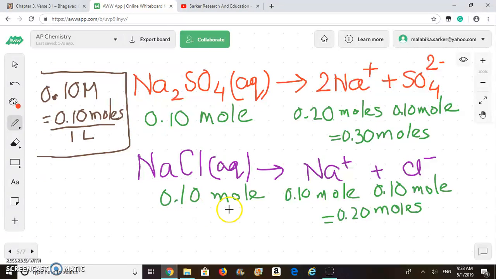So from 0.10 mole, we will have 0.10 mole of sodium ion and 0.10 mole of chloride ion. So what will we have in solution? When we dissolve it, we will have a total of 0.20 moles of ions. So this statement is again true. We have more moles of ions in solution for sodium sulfate than for sodium chloride.